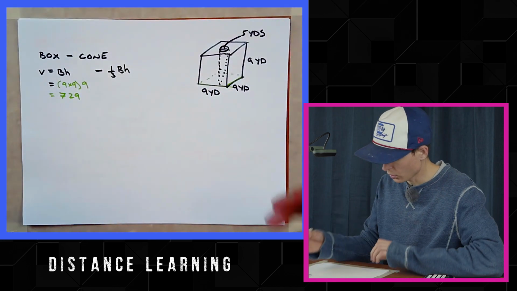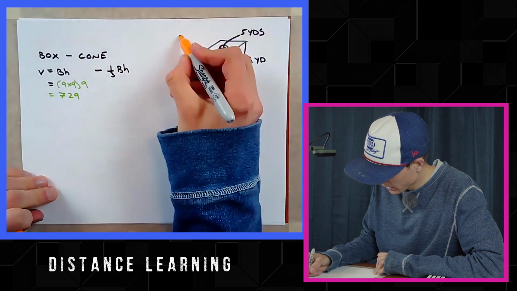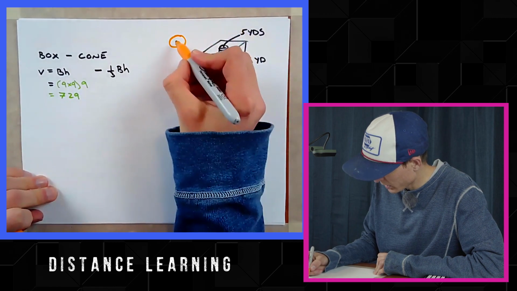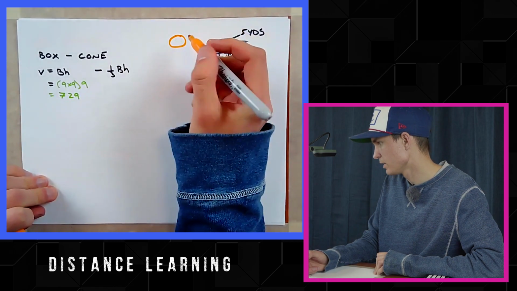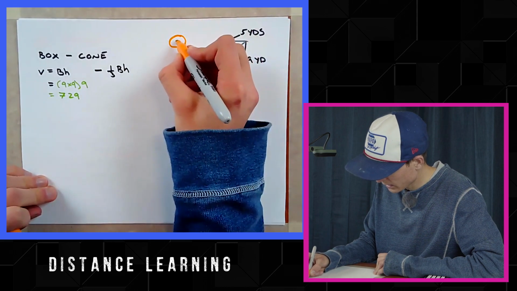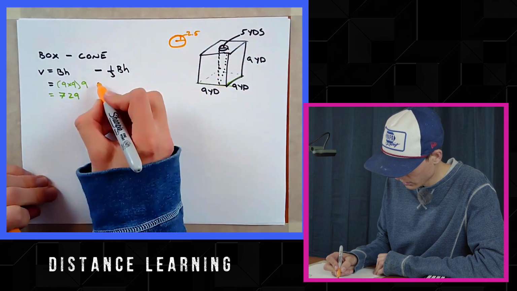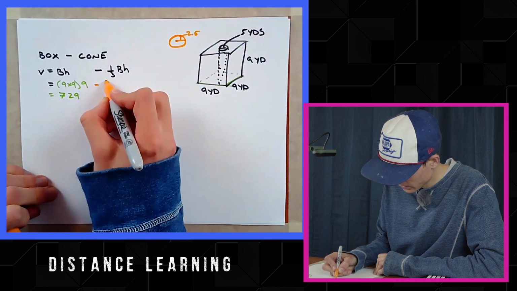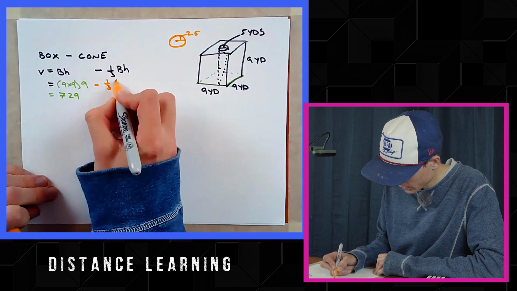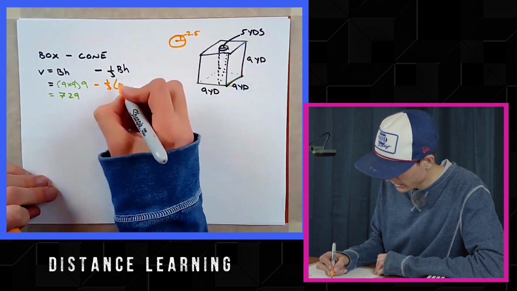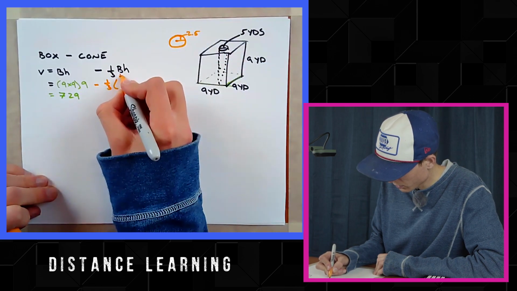So the cone has a base, but it shows its diameter is 5. So you need to take the radius, which would be 2.5. So minus 1/3. The base is a circle, right? What's the area of a circle?